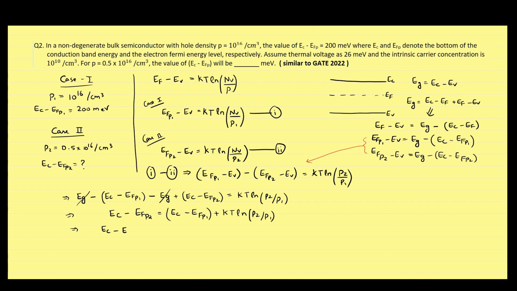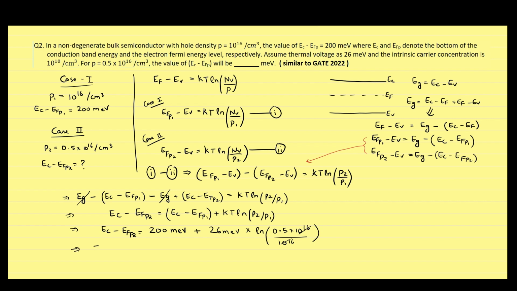EC minus EFP2 will be equal to EC minus EFP1, which is given in the question to be equal to 200 milli electron volt plus 26 milli electron volt, which is KT at room temperature, multiplied by ln P2 divided by P1, where P2 is equal to 0.5 into 10 to the power 16 and P1 is equal to 10 to the power 16.